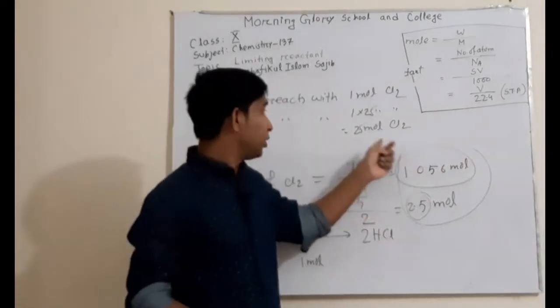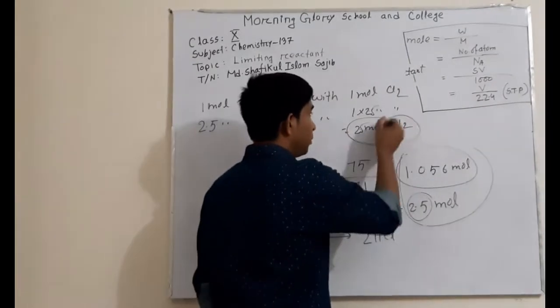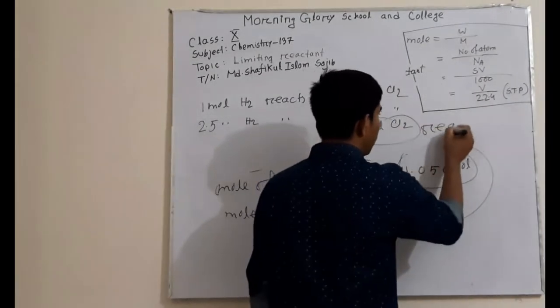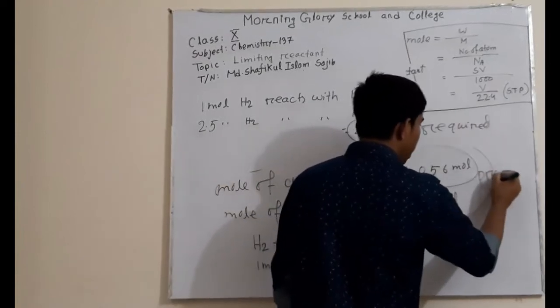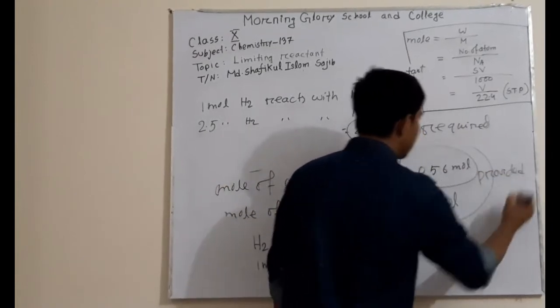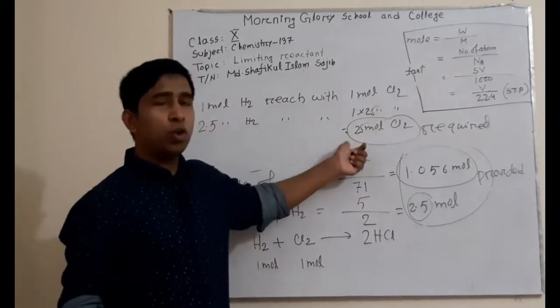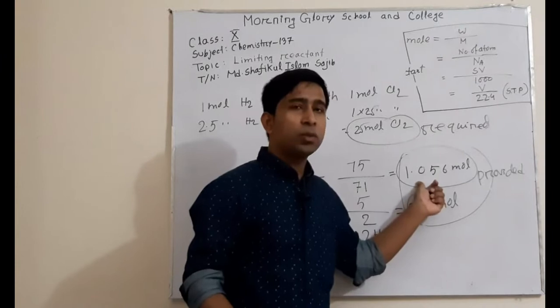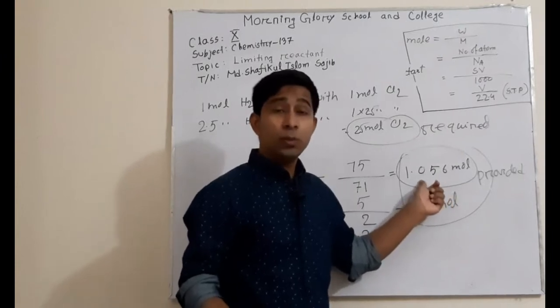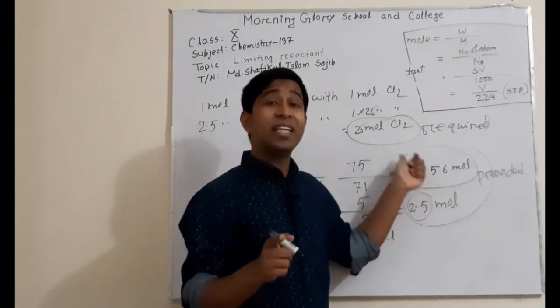but our chlorine provided is 1.056 mole. This is our required amount, and this is provided amount. Our required amount of chlorine is 2.5 mole, but our provided amount of chlorine is 1.056 mole. That means provided amount is less than required amount.